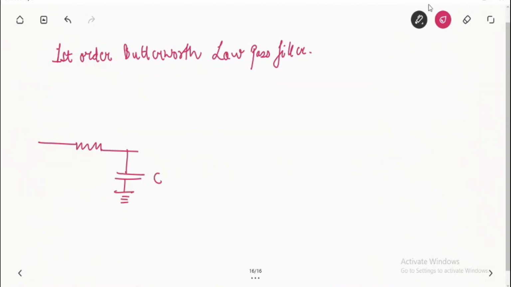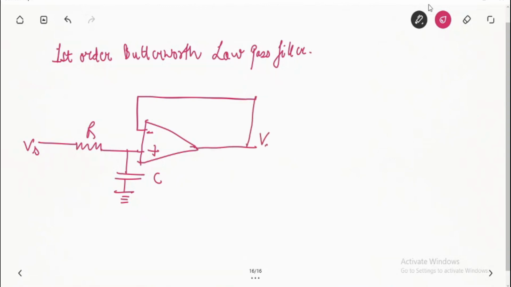This is C, this is your R, this is your Vs, this is an op amp, positive, negative से हमने दिया negative feedback, and this is your V out. So everything will remain the same, the gain and everything, okay, and the maximum gain that you can achieve is A is equal to 1.